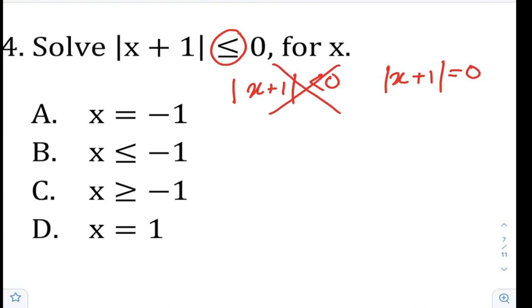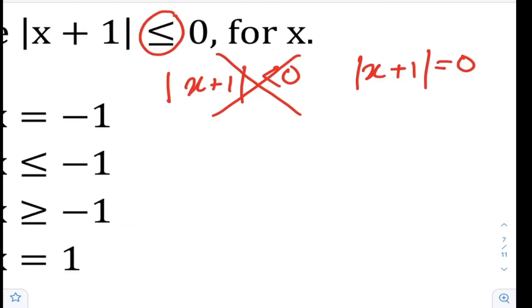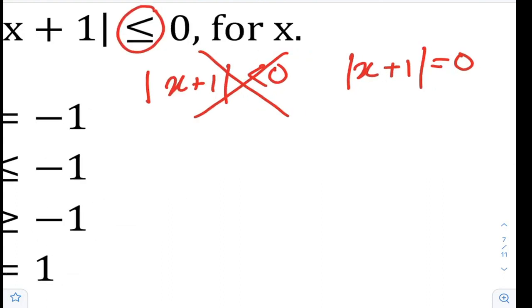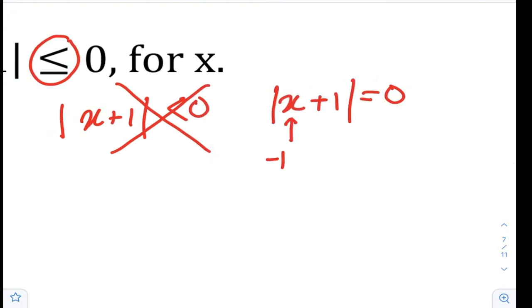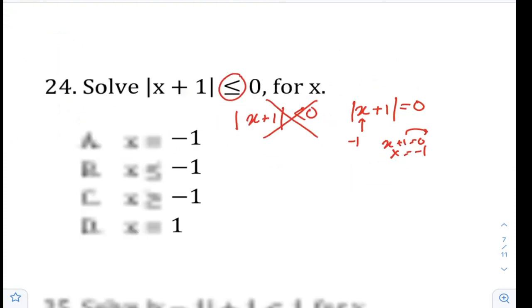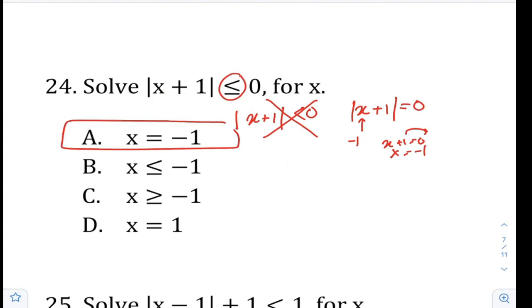The absolute value will never be less than 0. So we will just find out when it is equal to 0. The absolute value is equal to 0 when x plus 1 is 0, which means x is -1. So the only possible solution is A. One and only one value.